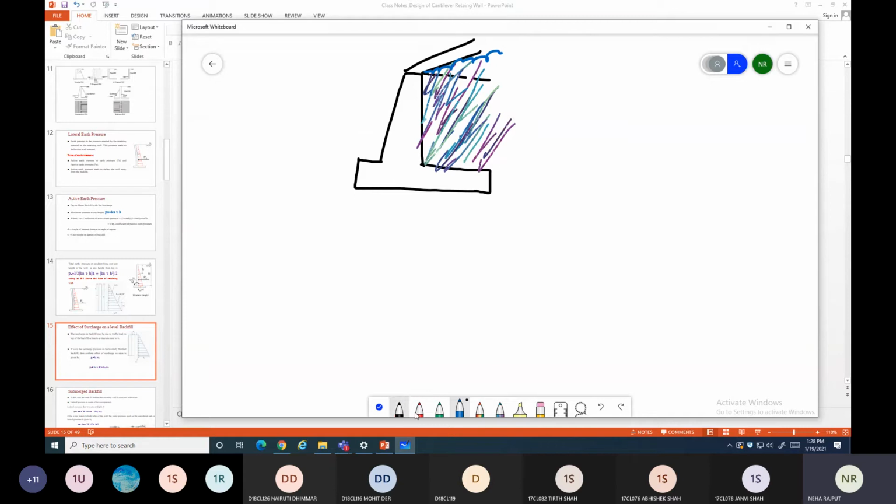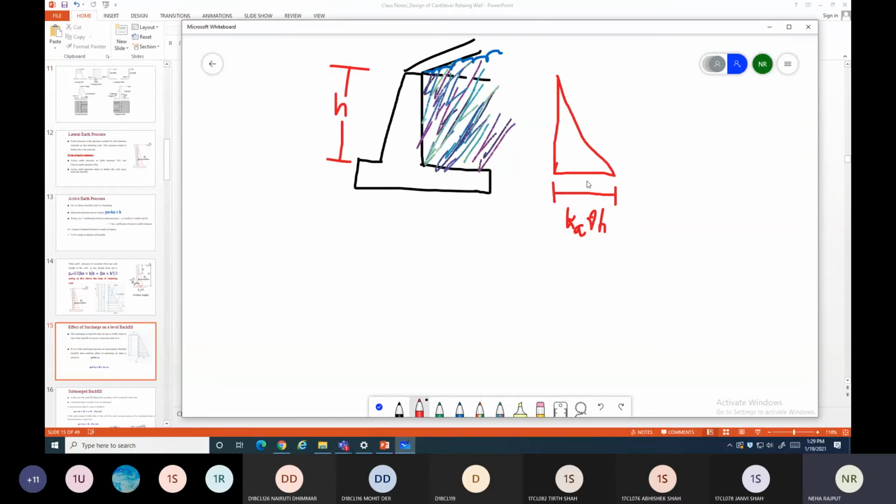So what will be the change in the active pressure diagram due to this backfill? This is the active pressure diagram for the backfill, same as the earlier one, so this is Ka gamma H for the stem part. I'm just talking about only the stem part.